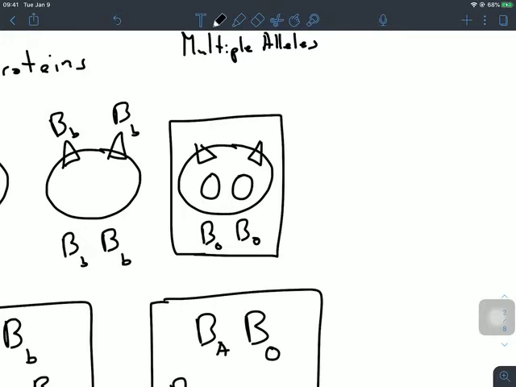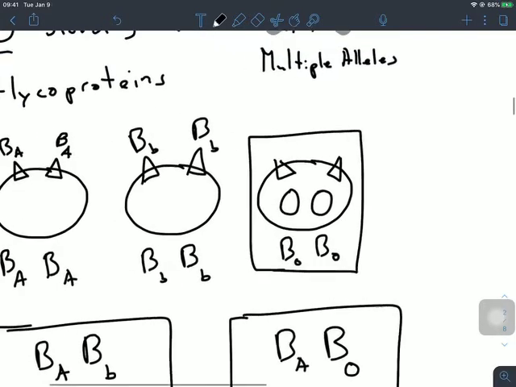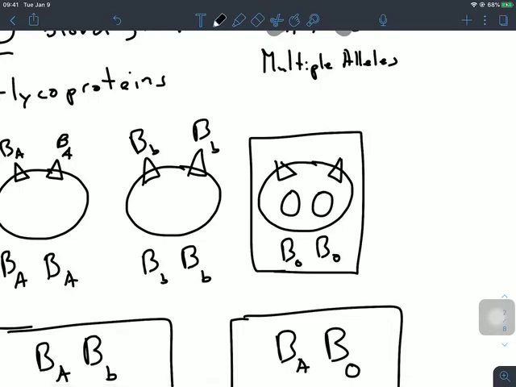They think that this molecule is here for war, meaning that it's a foreign invader, and it triggers their immune system. So OO can only receive O blood. But because O blood is not picking a fight by making any particular receptor on the outside, it is known as the universal donor.